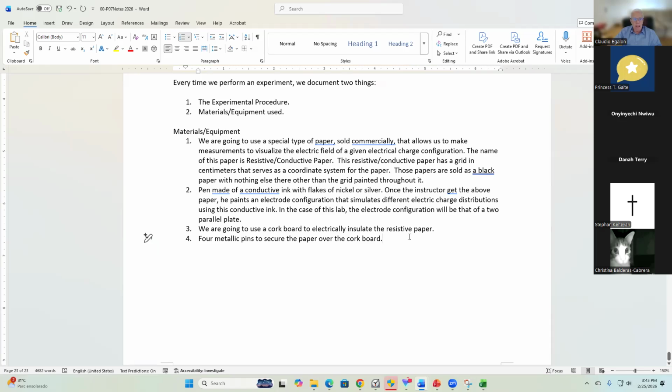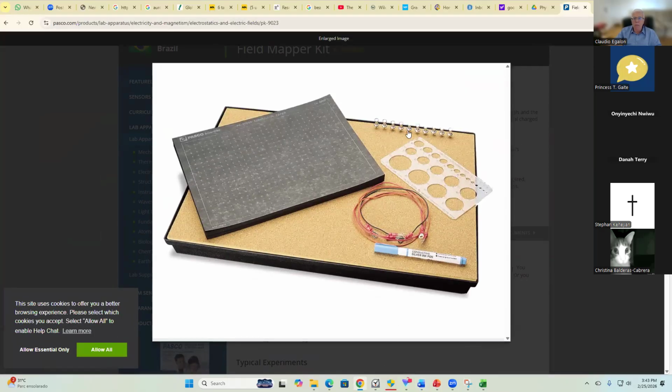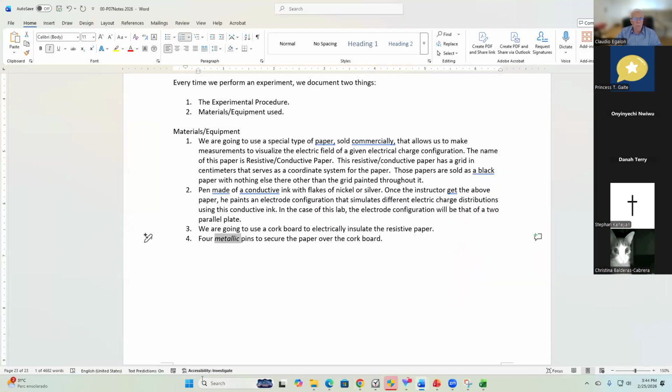And remember, they are metallic pins, displayed right here in your picture. Let's see how many we have here: 1, 2, 3, 4, 5, 6, 7, 8, 9, 10. We put 10 in there, but we usually need only 6: 4 for the edges to secure the paper, and 2 for the electrodes.